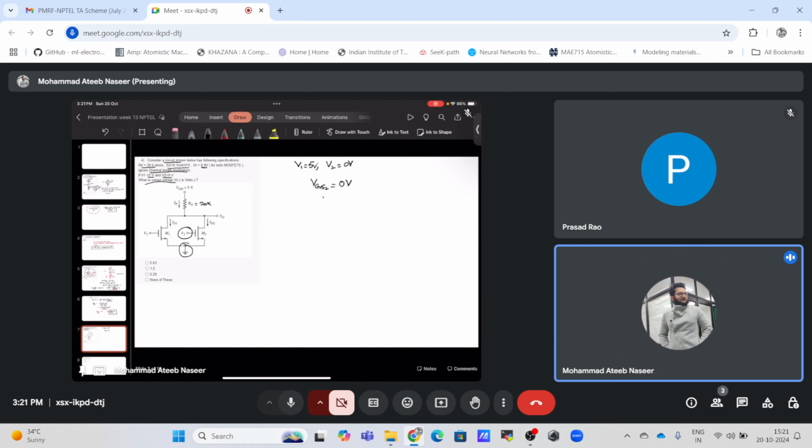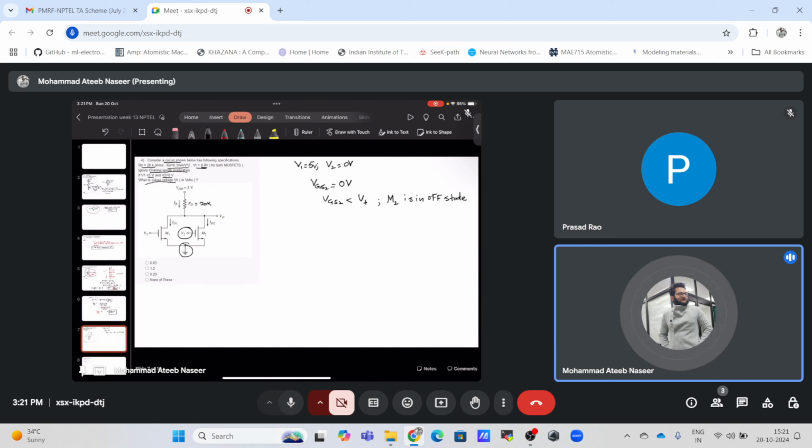If VGS2 is 0, it is simply less than this VT value, so it is less than the threshold voltage of the MOSFET. So it implies that M2 is in off state. Okay, got it? So the MOSFET M2 is in off state.